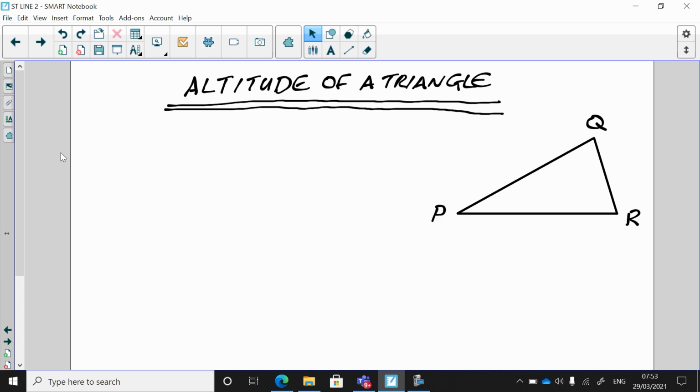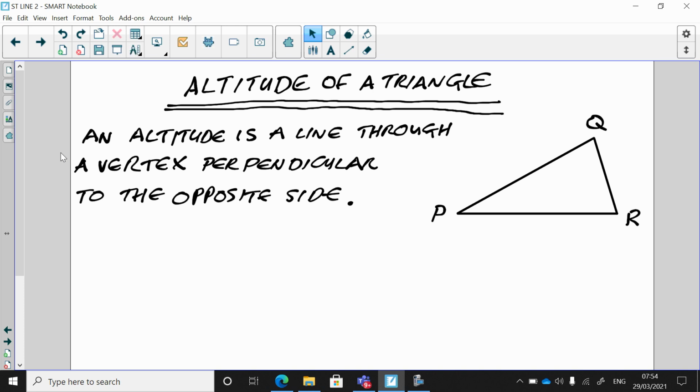Okay, so now an altitude of a triangle. Well, an altitude is a line within a triangle. It's going to be a line through one of the corners, the vertices, a singular being a vertex, perpendicular, at right angles to, so we'll just pick one of these here.